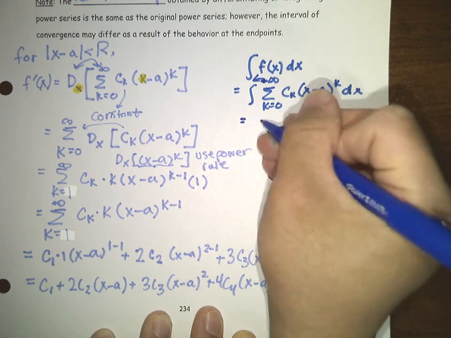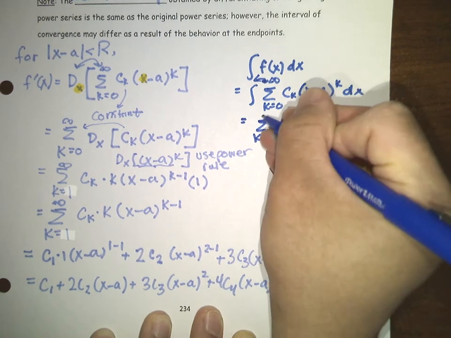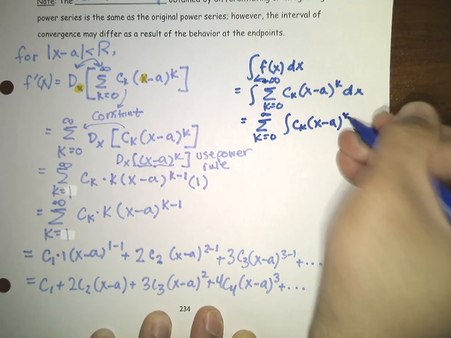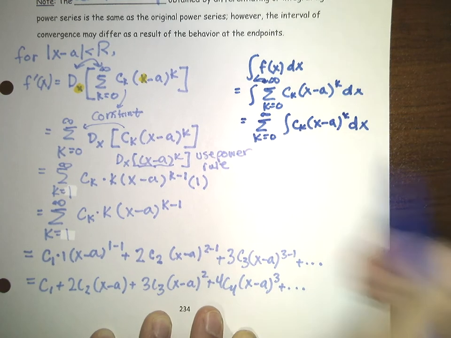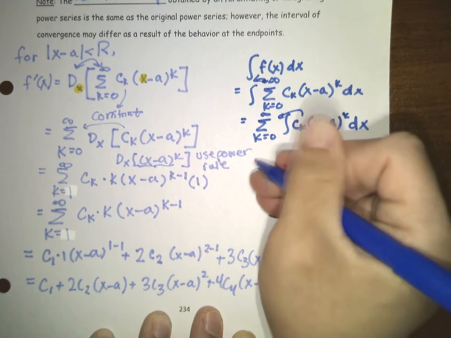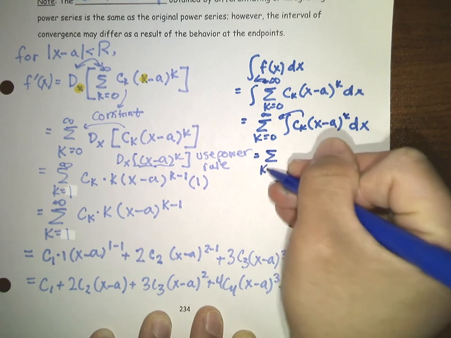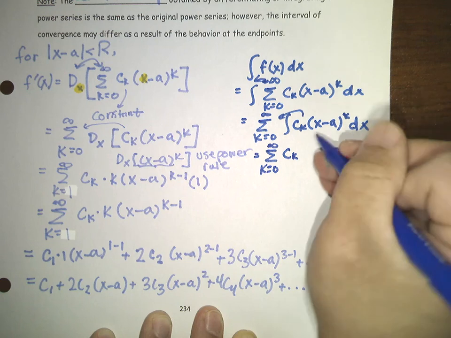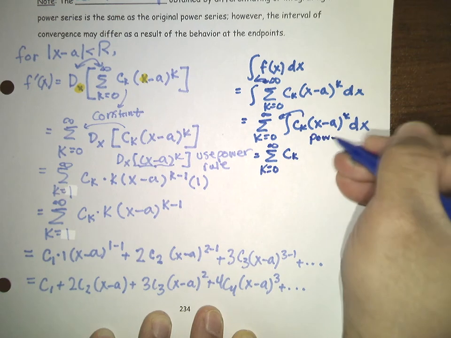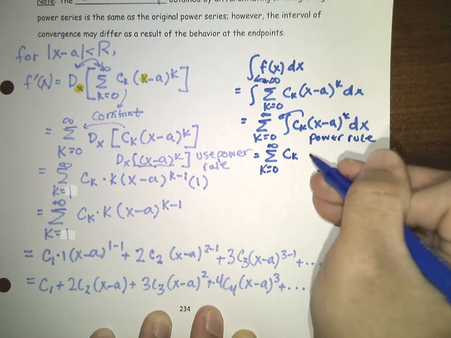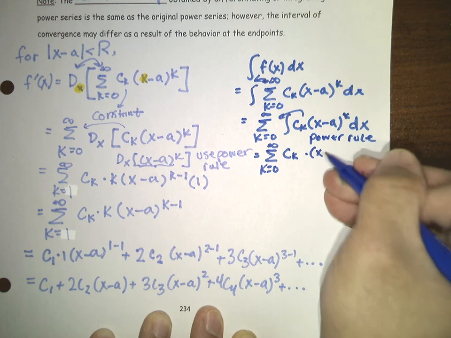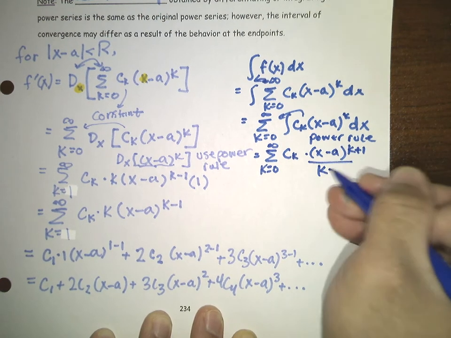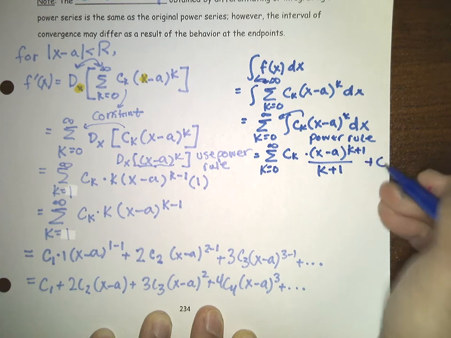So I have sum k equals 0 to infinity of the integral of ck (x minus a) to the k dx. And then ck is a constant, so I can bring it out in front. So sum k equals 0 to infinity of ck, then I just apply the power rule for integrals. So it's times (x minus a) to the k plus 1 all over k plus 1, plus some constant c.